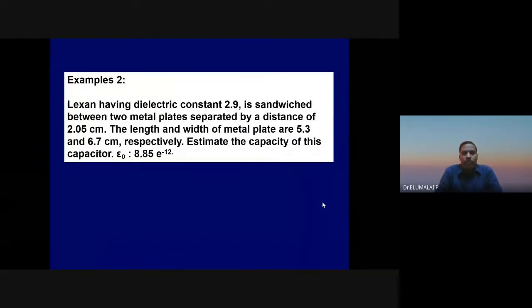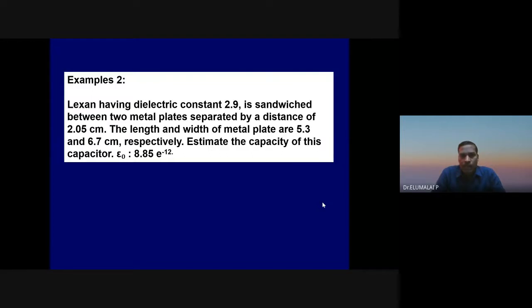In the same way, Lexan, a dielectric material, has a dielectric constant of 2.9 and is sandwiched between two metal plates with a distance of 2.05 centimeter. The length and width of the parallel plates are 5.3 and 6.7 centimeter respectively.